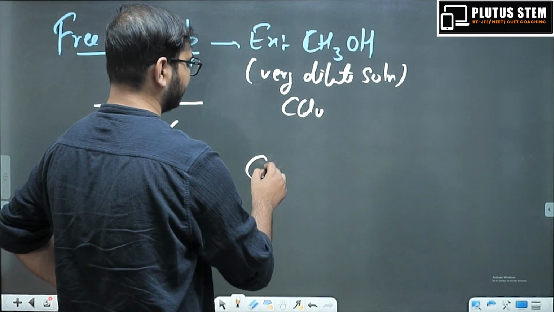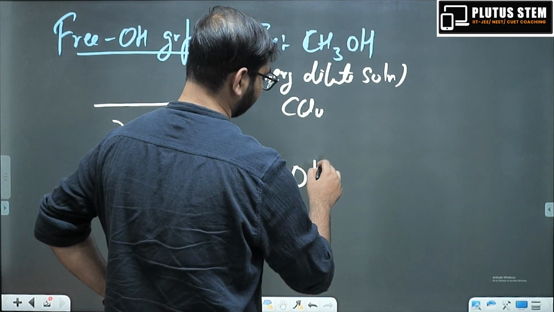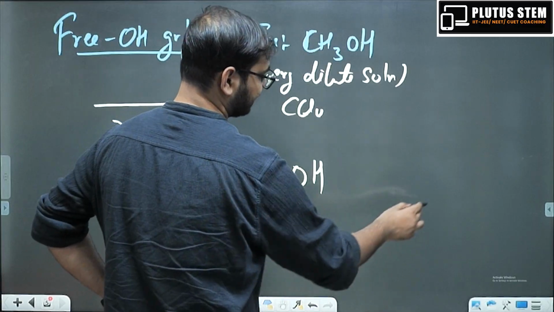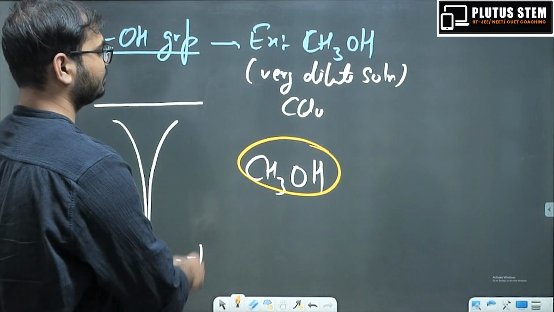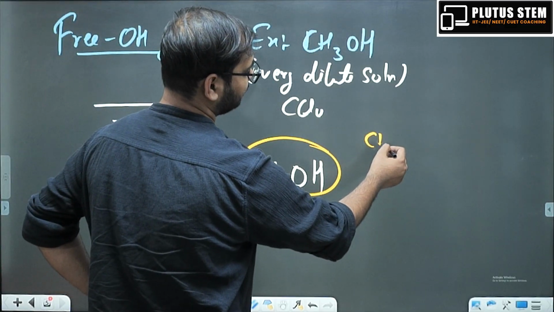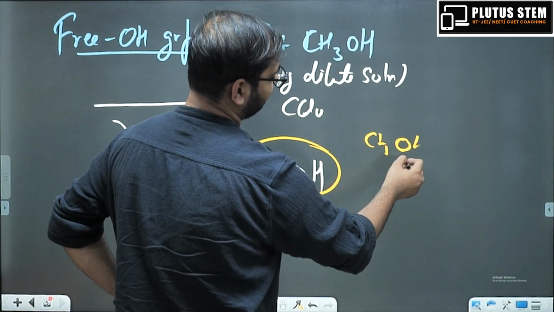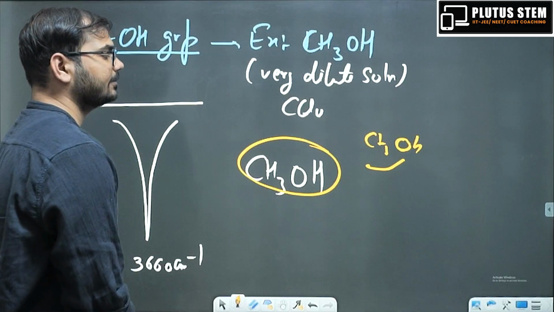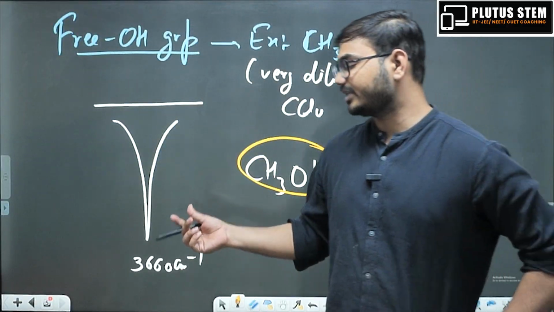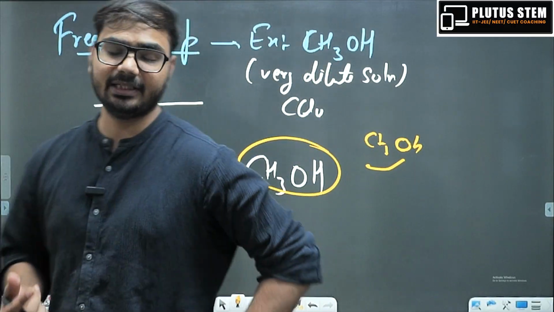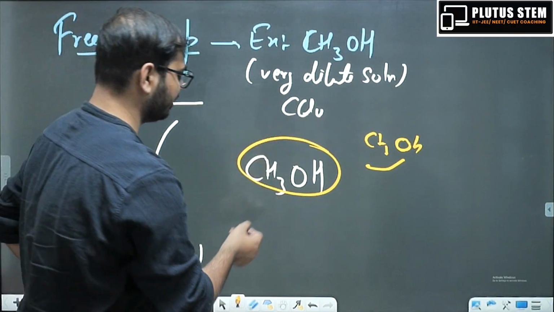Why? Because this methyl alcohol is surrounded on all sides by CCl4 solvent, which prevents interaction with nearby alcohol molecules, thereby suppressing the intermolecular hydrogen bonding between them. That's why there is only one single peak; there is no average exchange of the bonds.